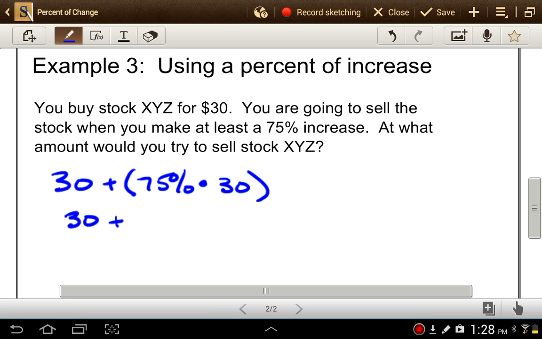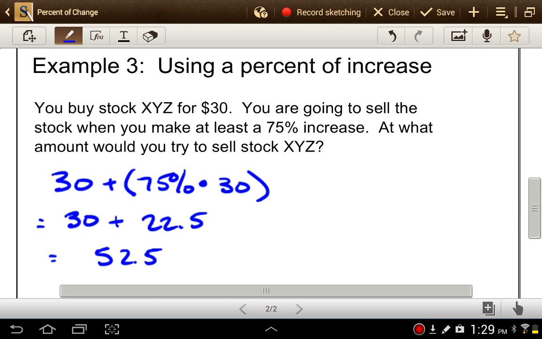So that's my percent equation. When I do 75%, again, use 0.75 in your calculator and multiply it. When you multiply those two together, you are going to get 22.5.